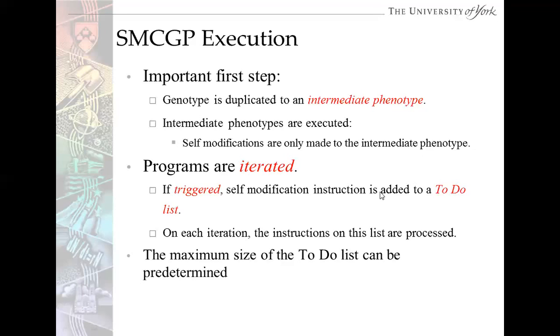So you start at the left-hand end of the intermediate phenotype, and you apply a self-modifying instruction that you encounter that's active. Then you move on to the next one, and then you might stop when you've reached the end of your to-do list, and then evaluate the intermediate phenotype. This is nice because you can control how much self-modification happens.